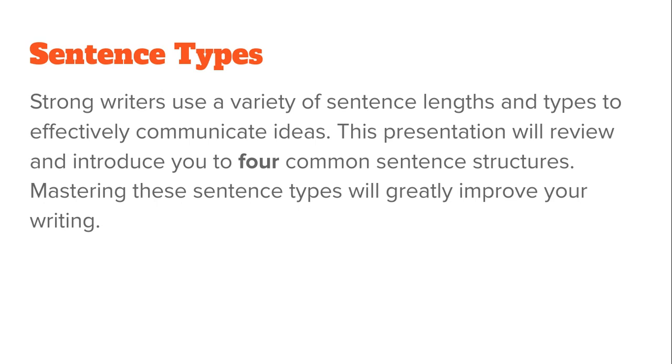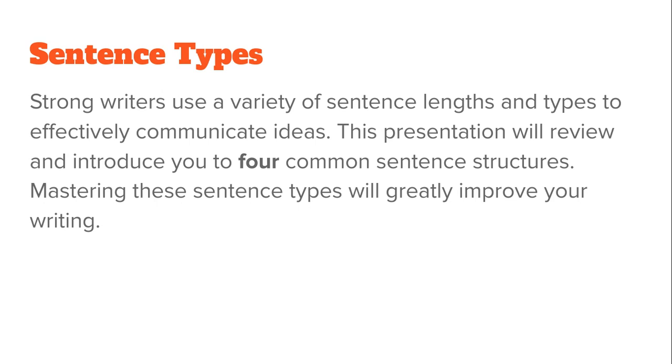If I'm only using compound or complex sentences, then I'm going to get really wordy and I'm not being quite as clear as I could be. So it's basically focusing on that element of writing, sentence fluency, because you do vary the lengths of your sentences if you are a strong writer.